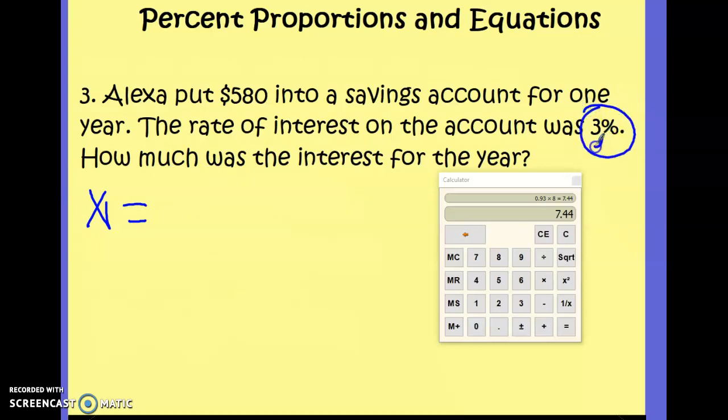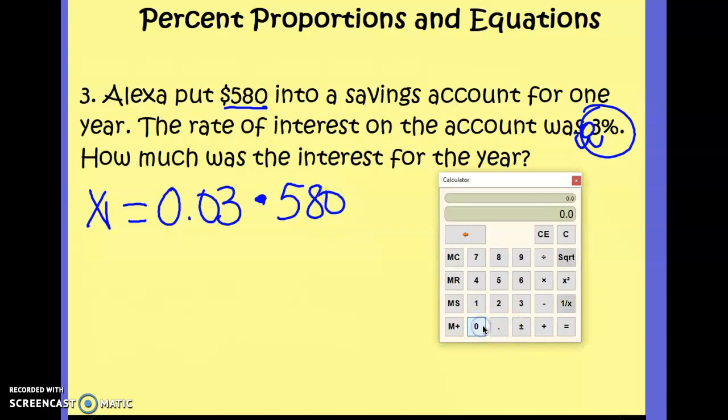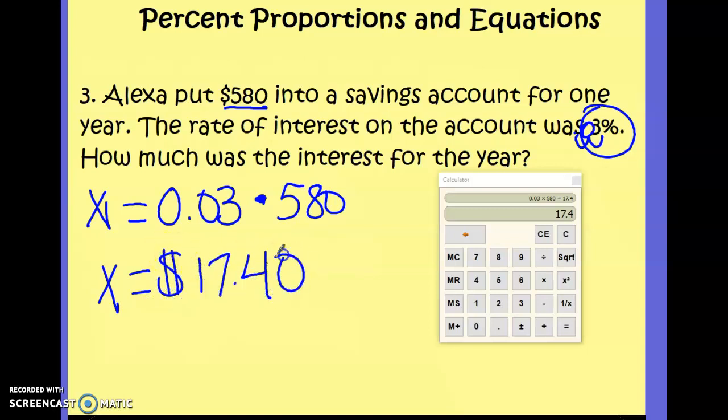Move your decimal over and add a 0, so it is 3 hundredths times 580. Then we just solve. So x is $17.40.